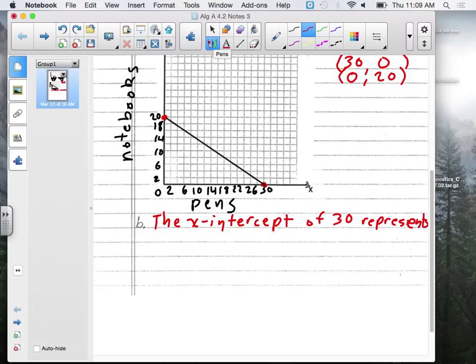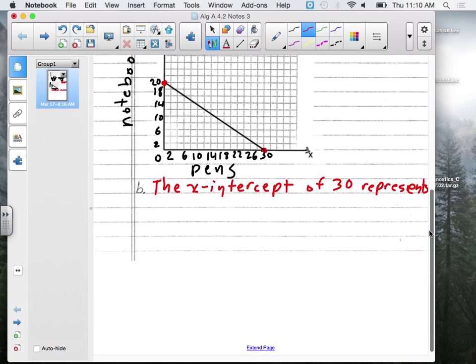The x-intercept of 30, Michaela said earlier, this whole graph is representing how many pens you buy compared to how many notebooks you buy. You're given $60. So, our ordered pair, 30, 0, that's 30 pens and how many notebooks? 0. So we buy 30 pens and 0 notebooks, right?